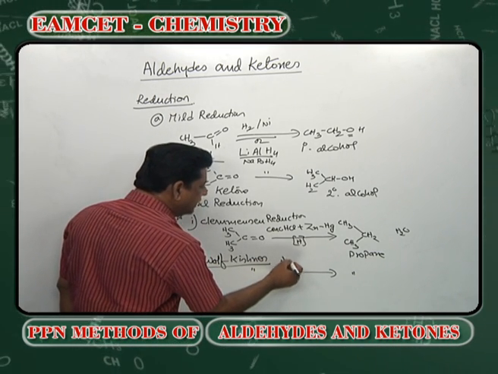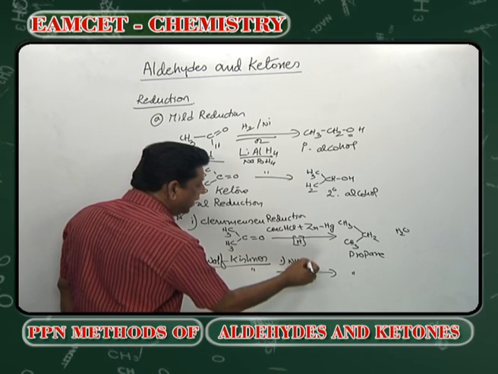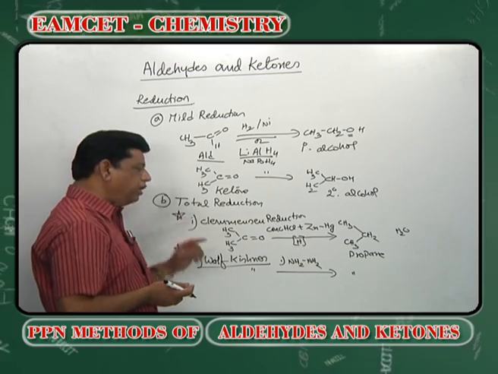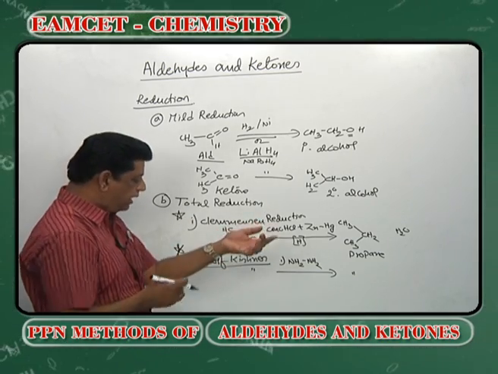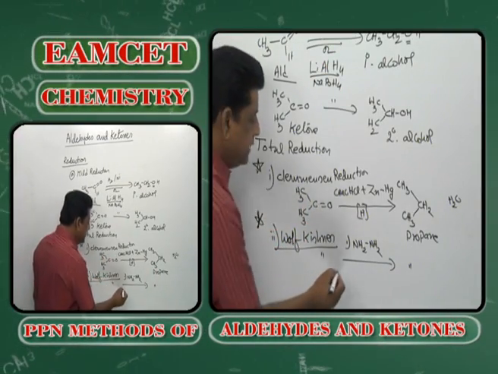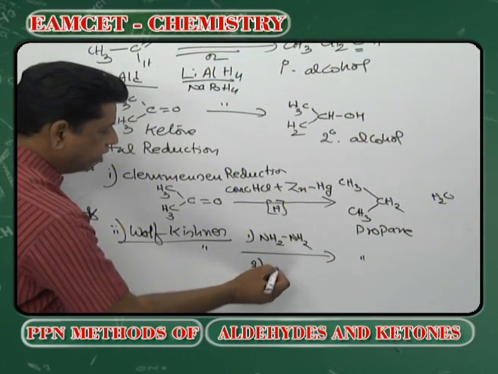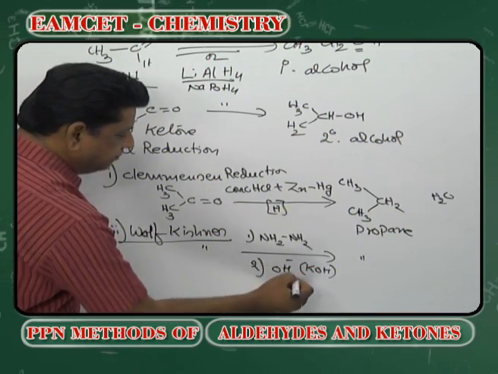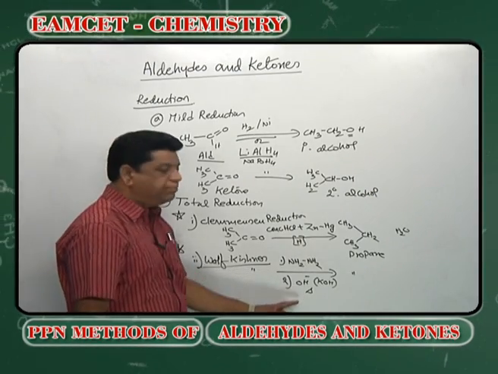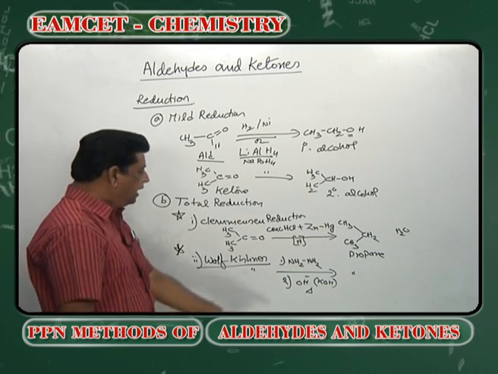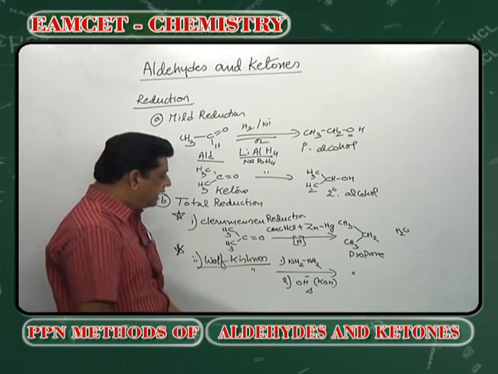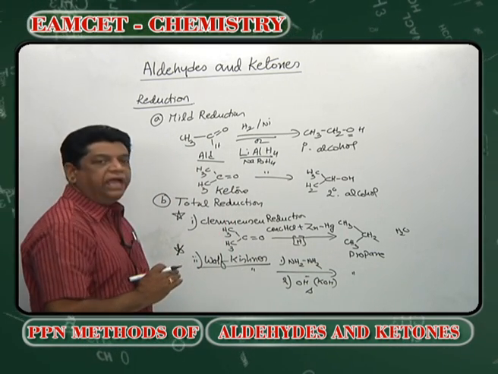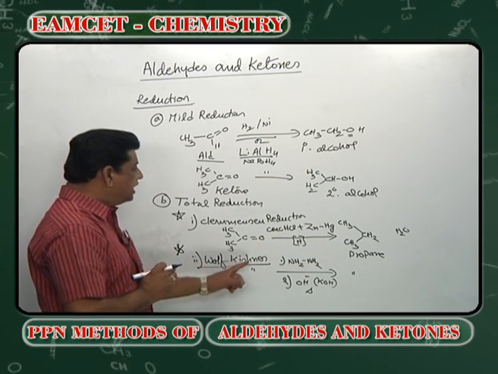First you have to add hydrazine to the aldehyde or ketone; both are reduced, and the corresponding alkanes are formed. Hydrazine is added, followed by a strong base like KOH, and heated. Here you can take some high boiling liquid like glycol, or sodium ethoxide, and heat strongly. What you will get is propane. This is another reagent, called Wolff-Kishner reduction.